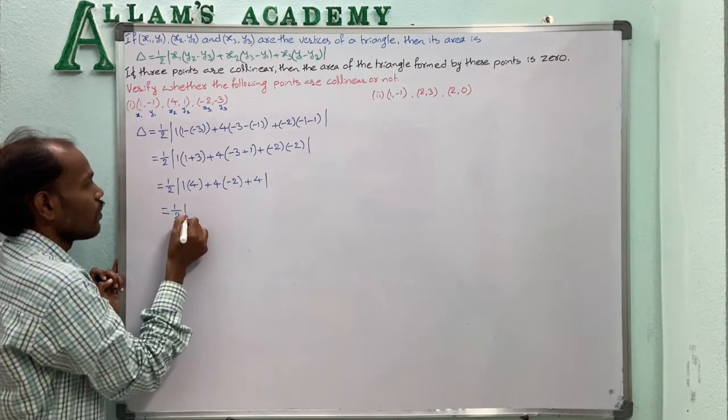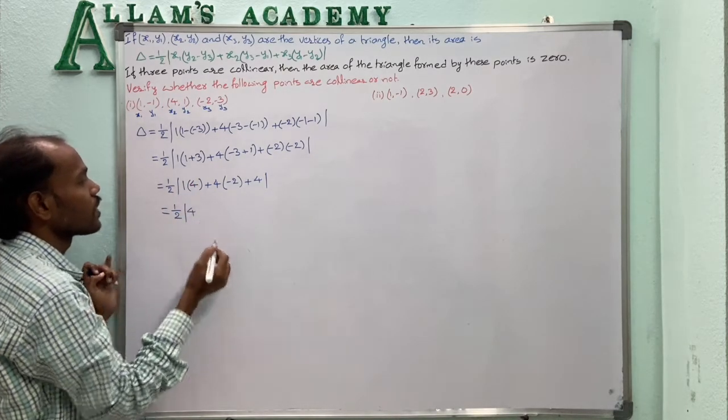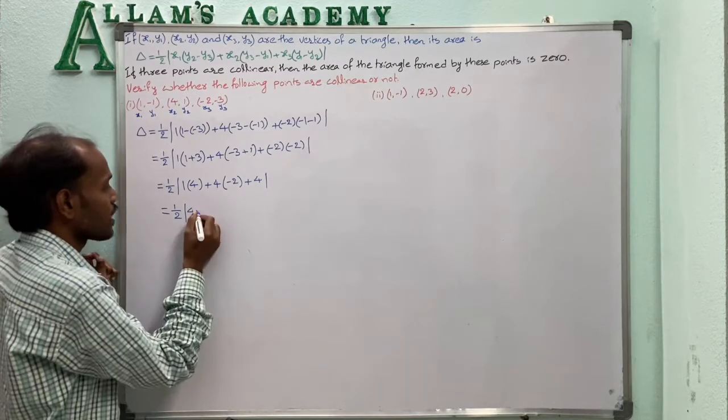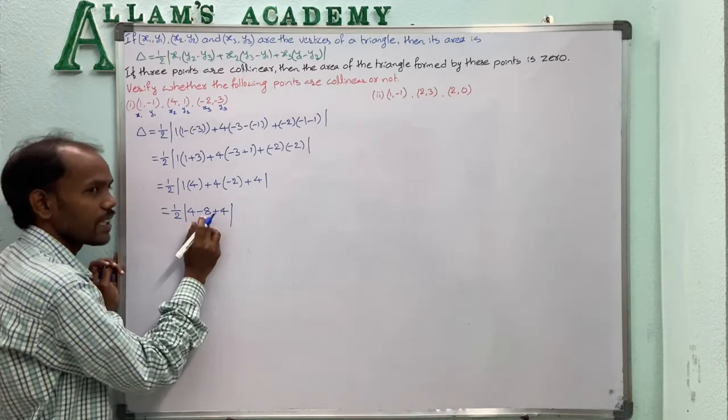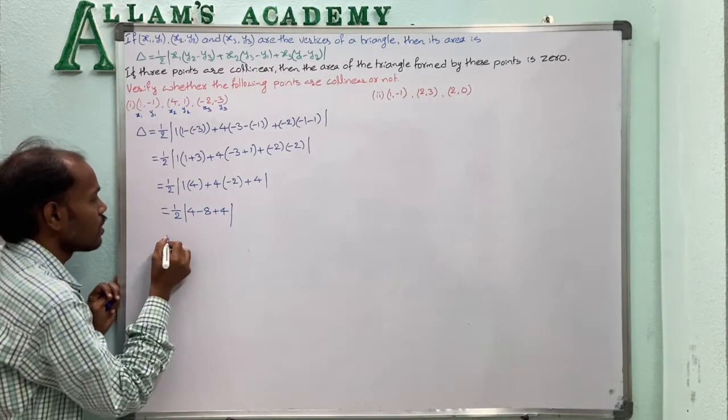So 1 4 is 4, 4 into minus 2 is minus 8, plus 4. 4 minus 8 is minus 4, plus 4 is 0.